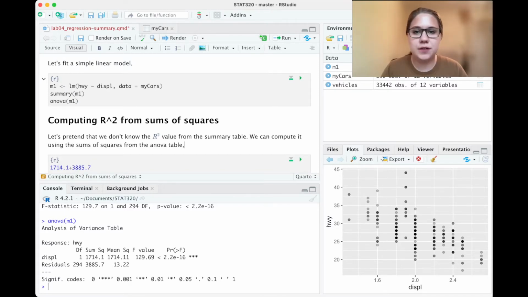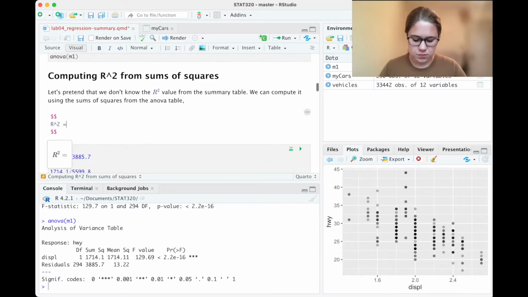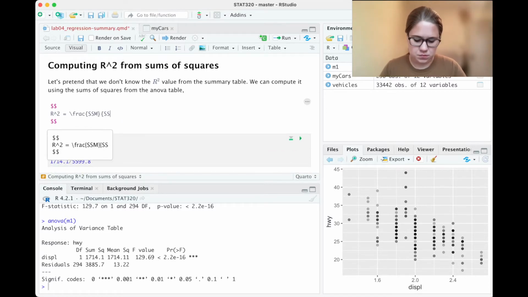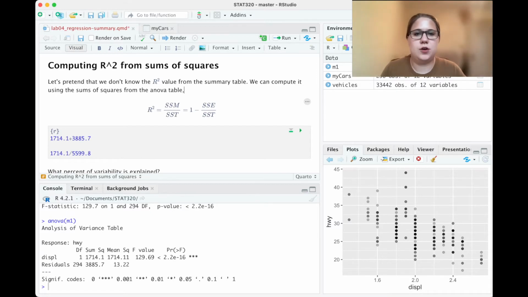So there's a couple of equations for the way to find r-squared. Maybe I'll write them out here. So either you could do the sum of squares of the model over the sum of squares total, or you could do 1 minus the sum of squares of the error over the sum of squares total.